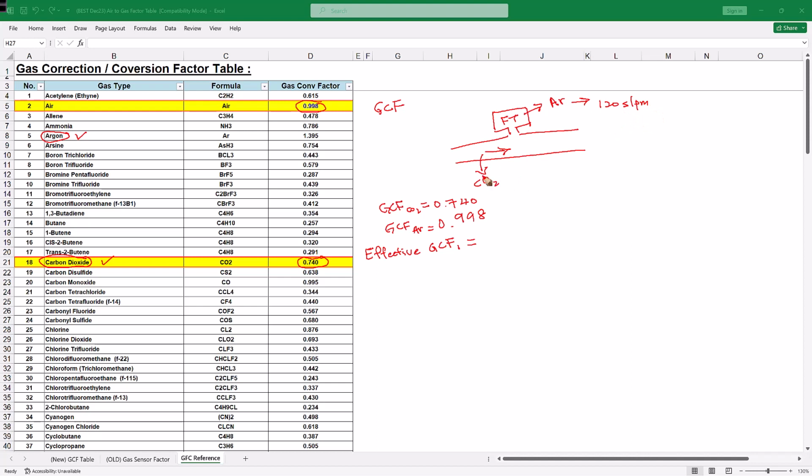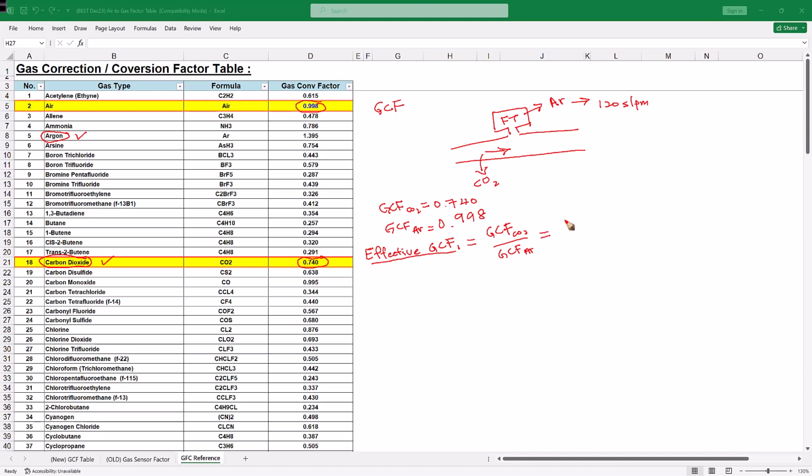What is the equivalent CO2, carbon dioxide flow rate? We should take this GCF CO2 value divided by this GCF argon value, so that we can find the effective gas conversion factor.